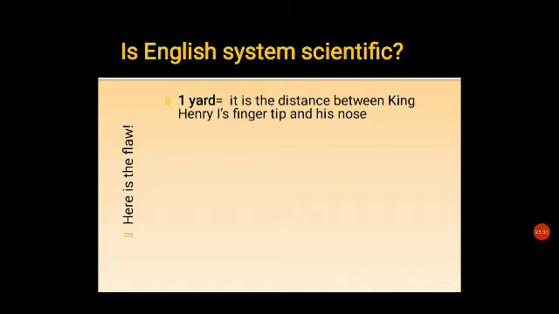That is defined to be 1 yard, which is equivalent to 3 feet. Today, you cannot reproduce that length anymore because King Henry is already dead. So you cannot reproduce what 1 yard is based on the standard.